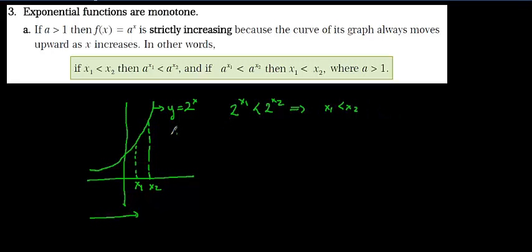Okay, if a is greater than 1, it's obvious the function should be an increasing function. So when you give two values, if you choose x1 and x2, and x2 is bigger than x1, it means that the function value there, 2 to the power of x1 and 2 to the power of x2, you can compare like this.